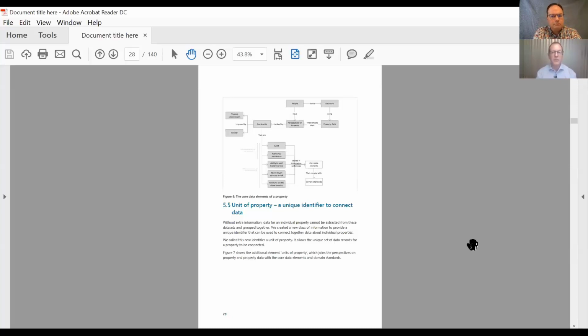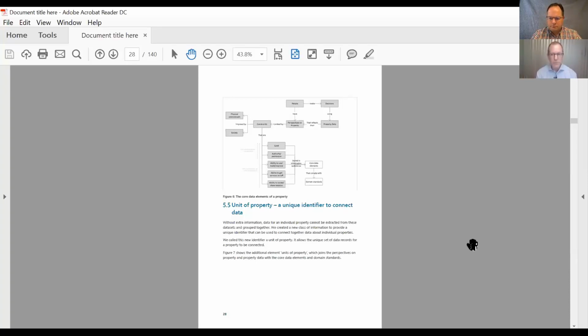When we asked surveyors, they would say that a property was a parcel. When we asked people who worked in the titles areas of LINZ, like property rights, they would say that a property was a title. And when we asked the Valuer General's office, they would say that a property was a rating unit. We looked into that a little bit more, and we found that they were all perfectly valid answers.